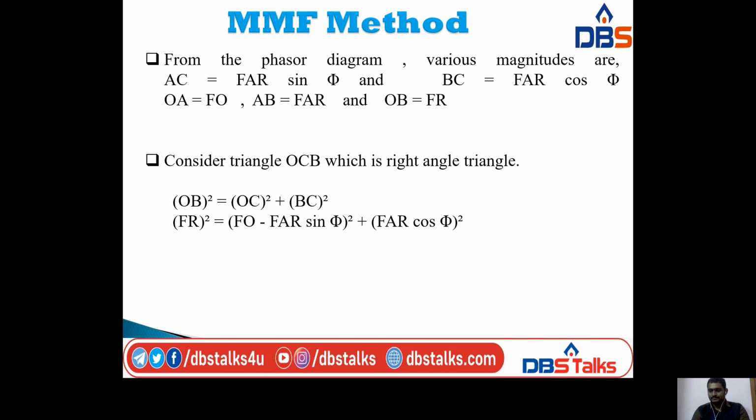You already know OB is equal to FR, so substituting, FR whole square is equal to OC, that is F naught minus FAR sin phi, whole square plus BC, that is FAR cos phi, whole square. So this is the resultant MMF for the leading power factor.